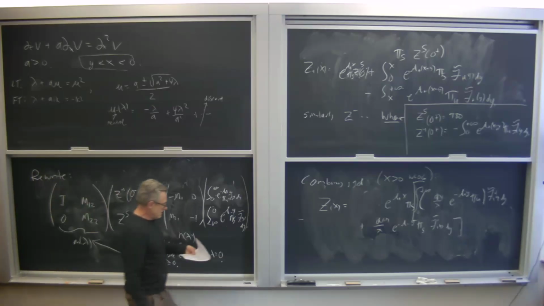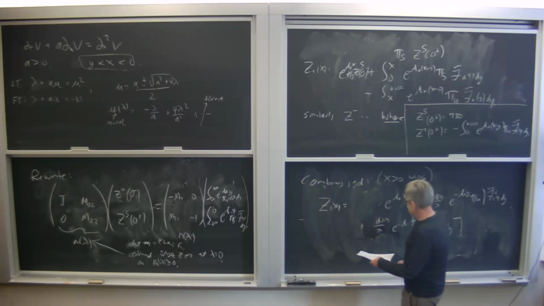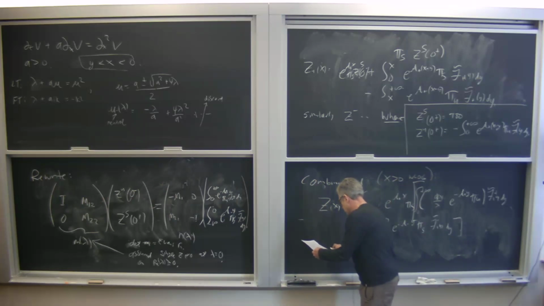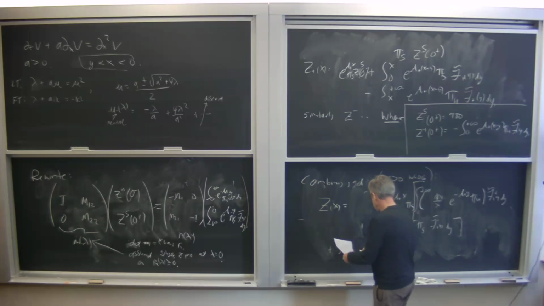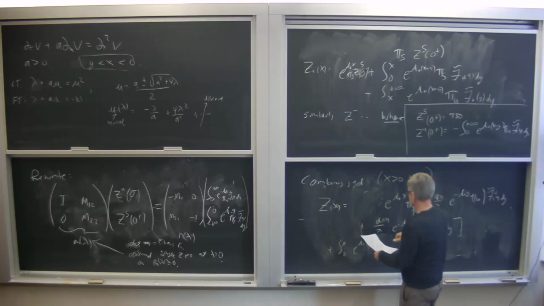And there's more. That's the trickiest term, but there's another term: the integral from 0 to x of e to the a plus (x minus y). There are two more terms, right?